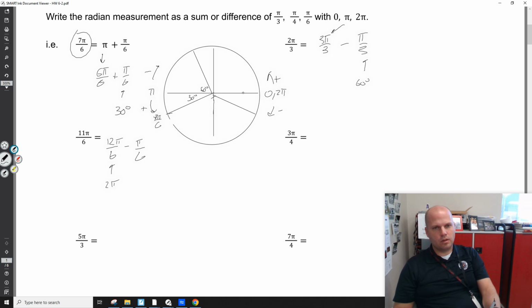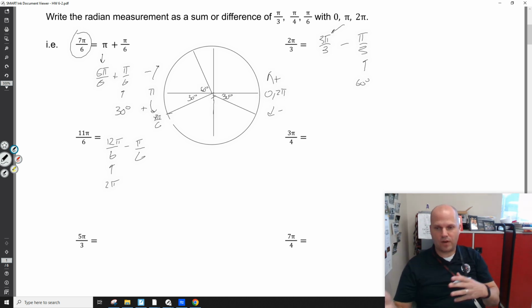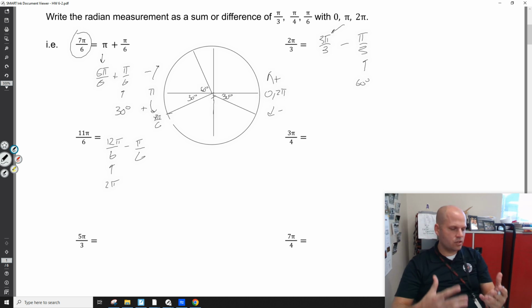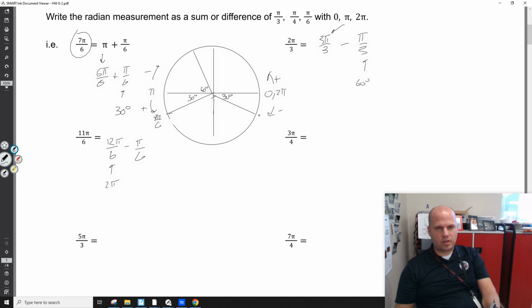This location creates a reference angle with the x-axis of 30 degrees. We like to talk about reference angles and to keep that angle measurement of 30, 60, and 45 for very good reasons, because we know our triangles, 30, 60, 90, and 45, 45, 90, we will be using that in this lesson. But boom, this would be the location 11 pi over 6. This is the location 2 pi over 3.